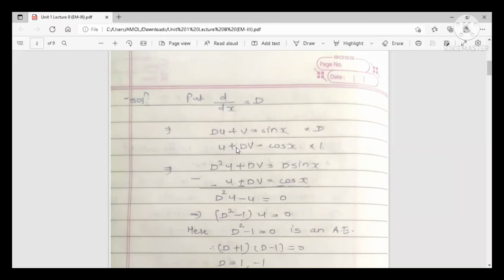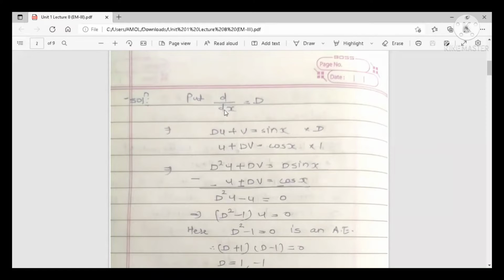Now we subtract these two equations, giving a negative sign to every term of the second. So D square u minus u, Dv minus Dv get cancelled, is equal to D of sin x.